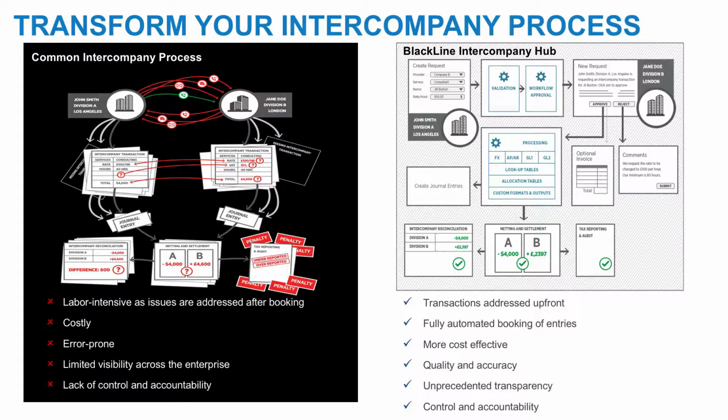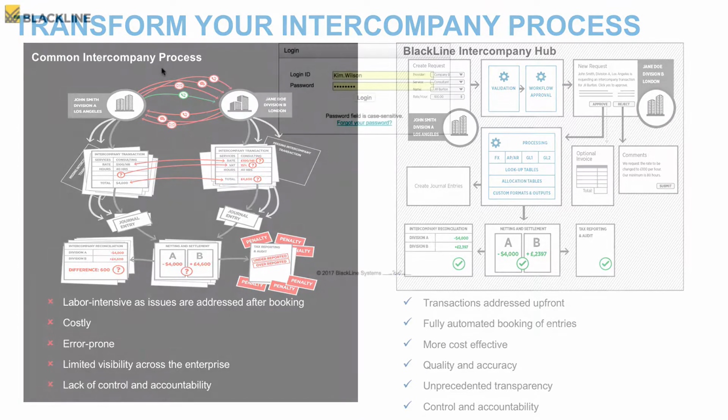It can cross-check validity of fields. It can require that one or both entities must approve the transaction. You have the ability to add comments. BlackLine will generate invoices where required. And very importantly, it will generate journals which get passed back to the ERPs of both entities. The end result being a set of intercompany balances that balance at the end of the period.